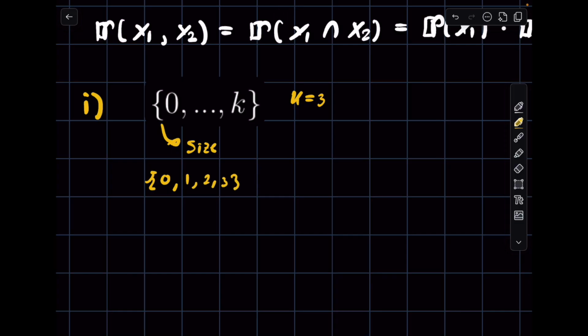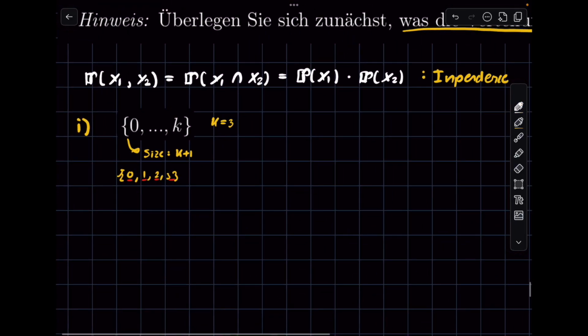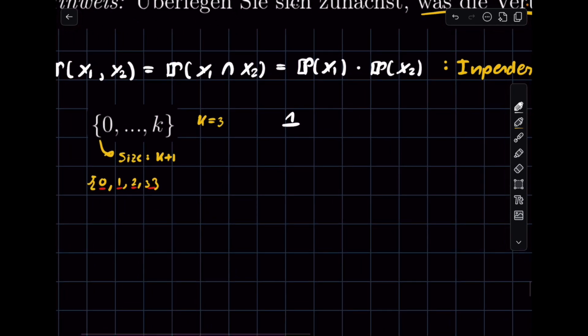How many elements do we have? We have 4, meaning we have one more than what k has. So we can simply say that the size of this is going to be k plus 1, right? So we know it's uniformly distributed, so it's going to be 1 over k plus 1.